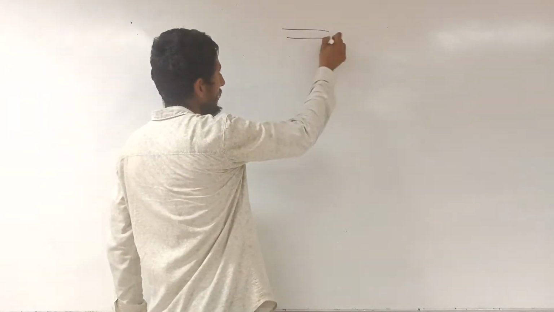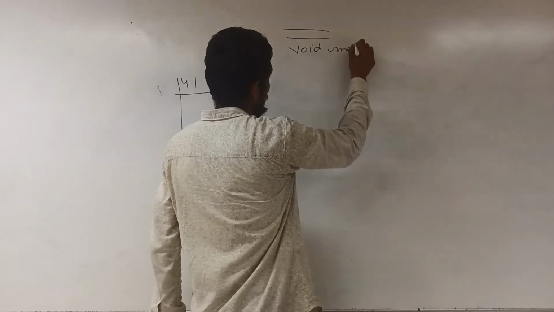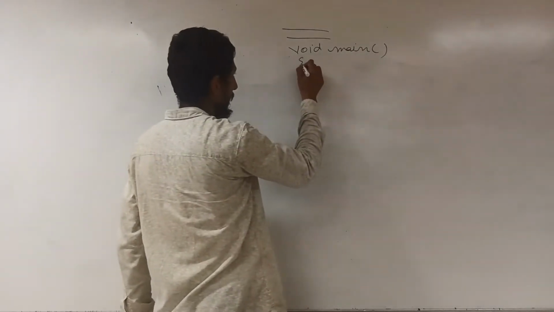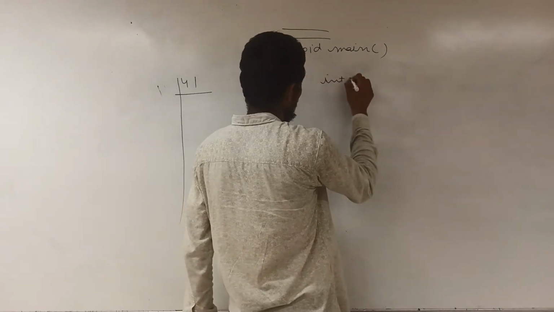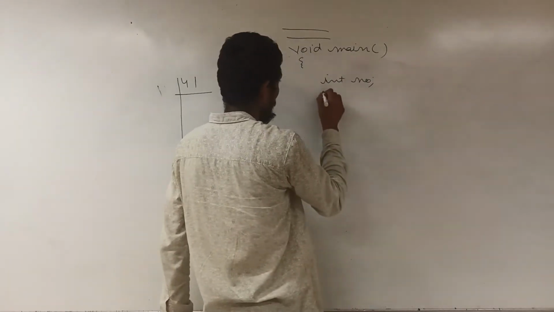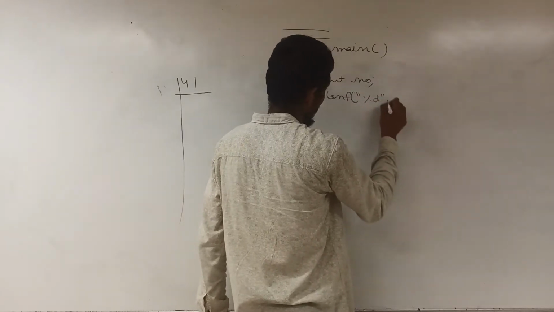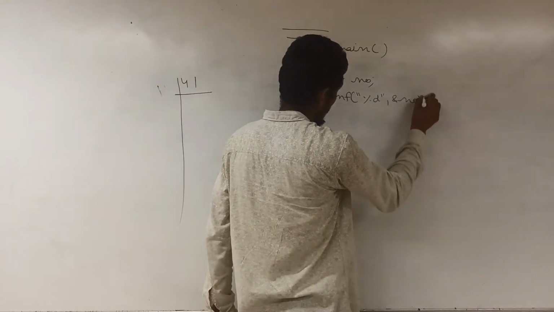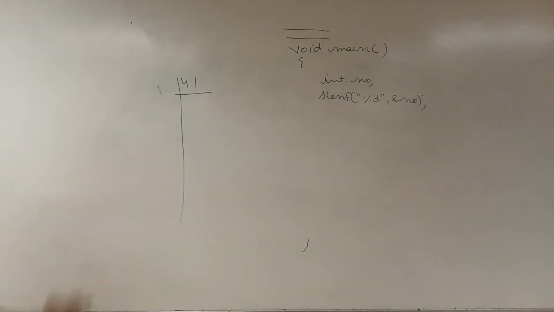I am assuming that you have put the header files. First of all, let me take a number, like int number, and let me put scanf. So I have put scanf, and I have taken a number from the keyboard.